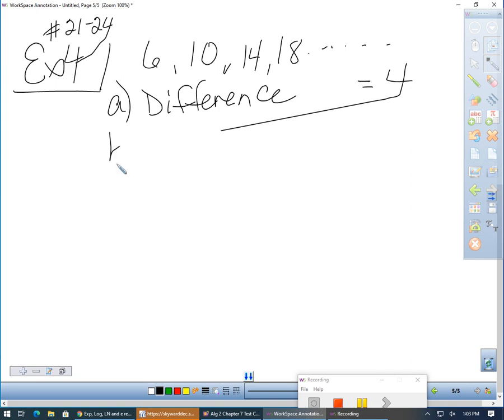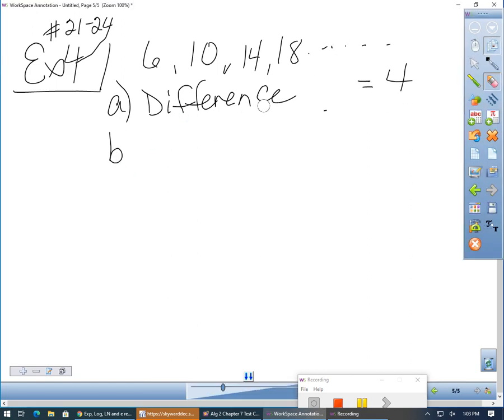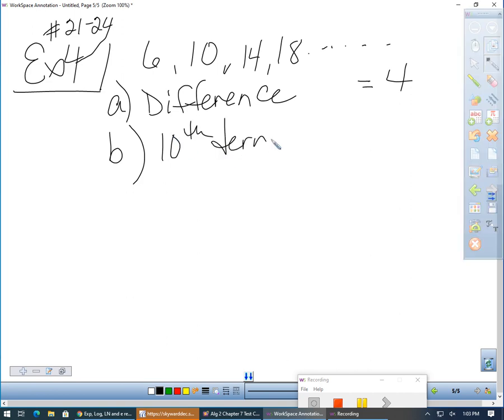For part B, what is the 10th term? Alright, so we've got to write our formula. We start with a sub n equals our first term, that's what a sub 1 means, which is 6, plus n minus 1 times d, and you told me the difference was 4.